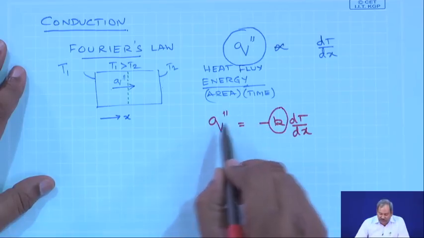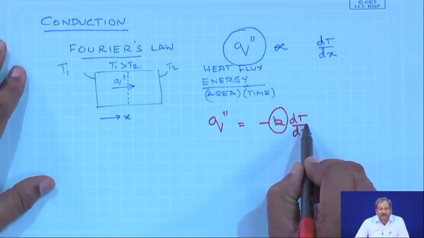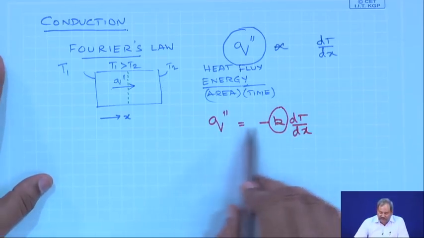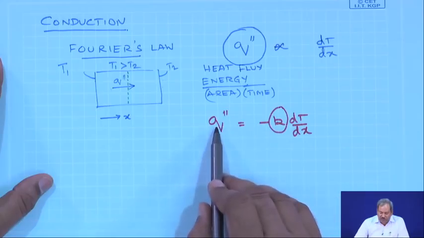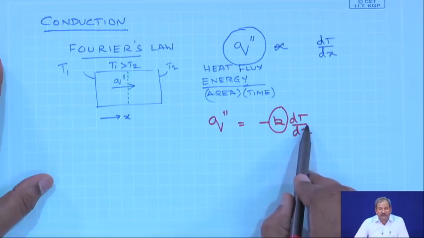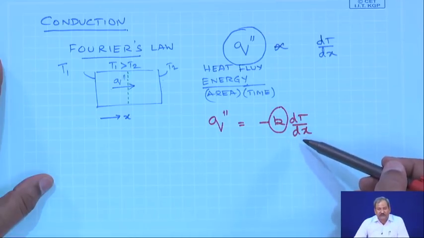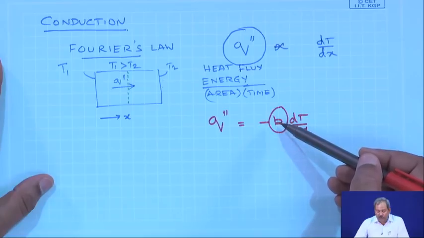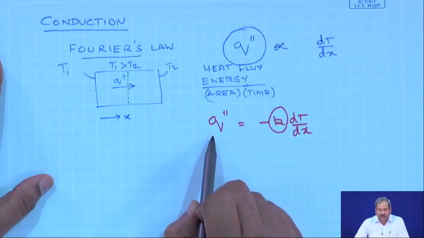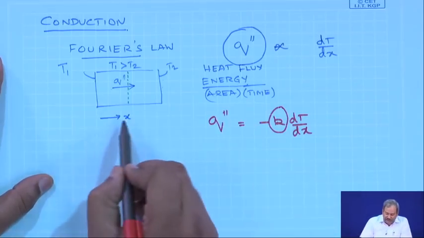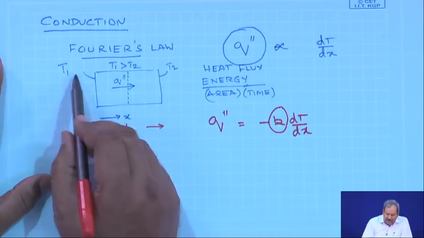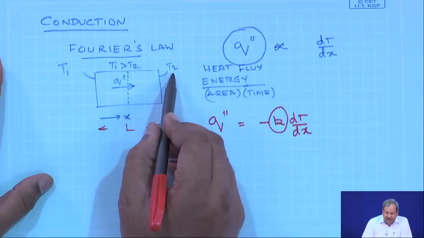So, heat flows because of a temperature gradient, and the proportionality constant is k, and you can see that with a higher value of k, more heat will get transferred by conduction for the same temperature gradient. So, if you keep the temperature gradient fixed and you choose materials with higher and higher values of k, then the heat transfer is going to be more. So, let us say this slab is of length L and you are maintaining T1 and T2 at two different temperatures.